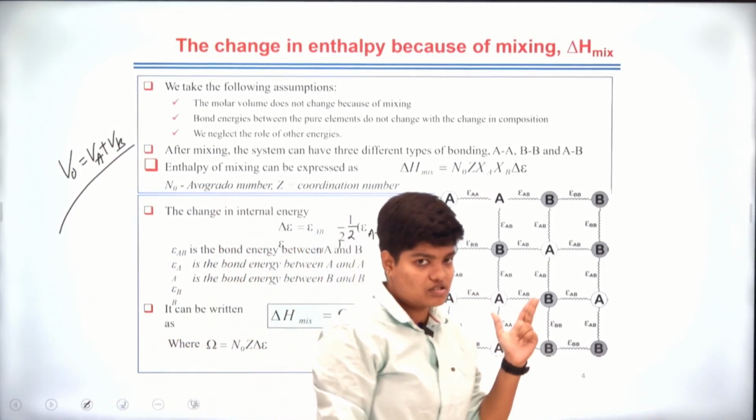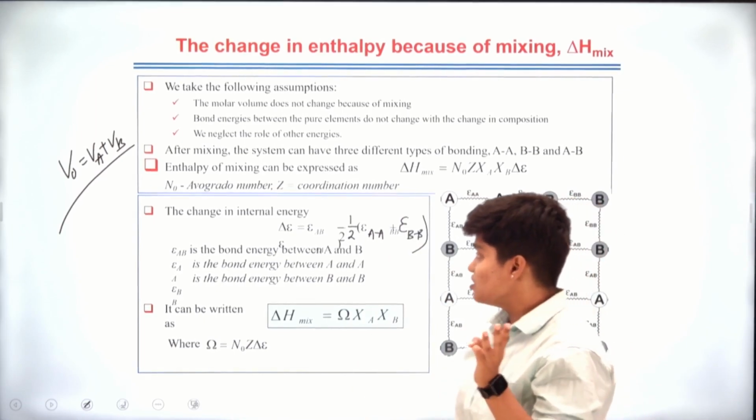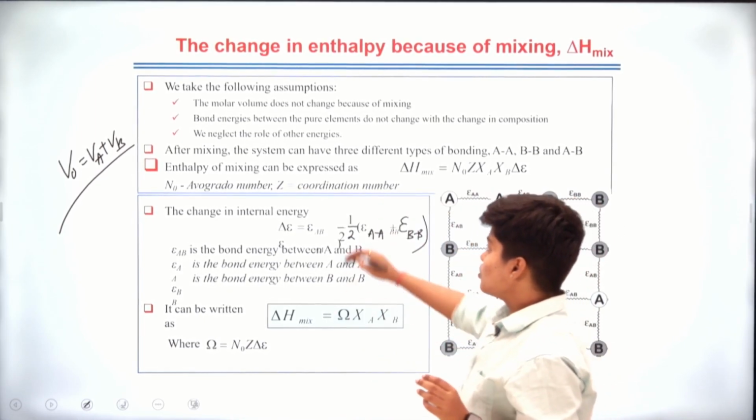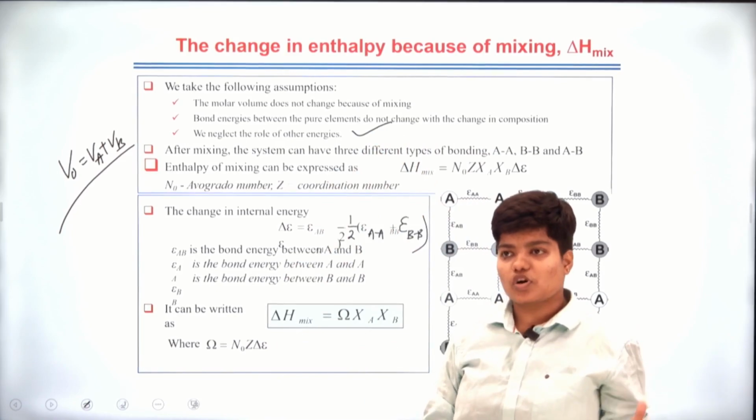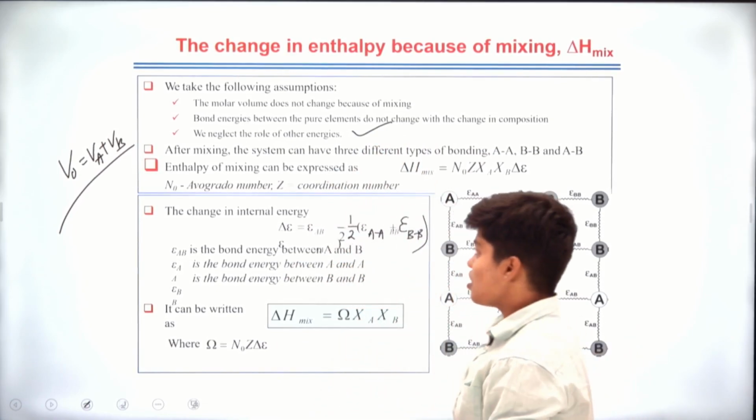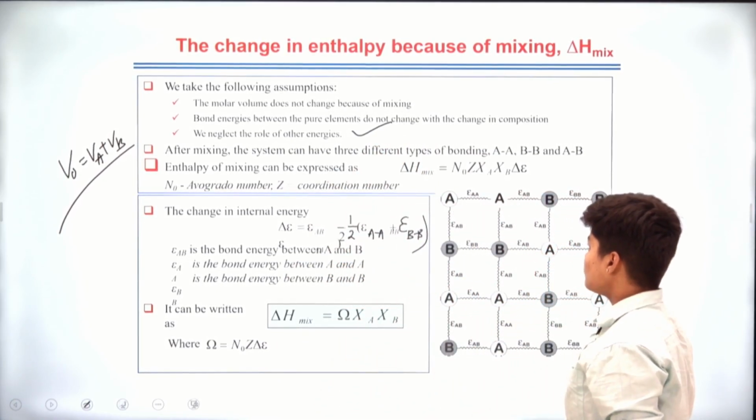And the third assumption: we are neglecting the role of other energy. Only the bond energy between A and B is there, other energy we are neglecting.